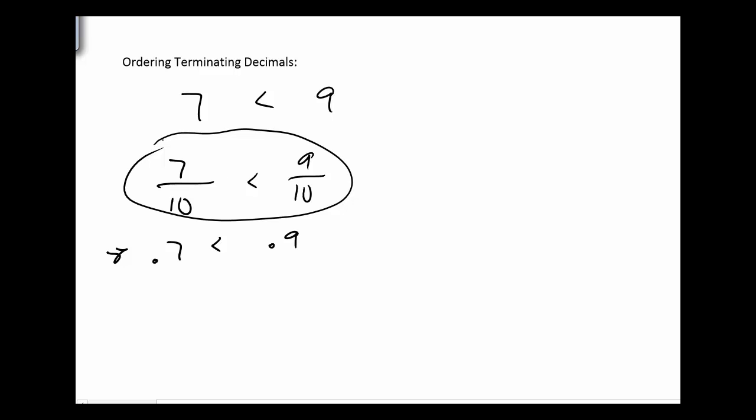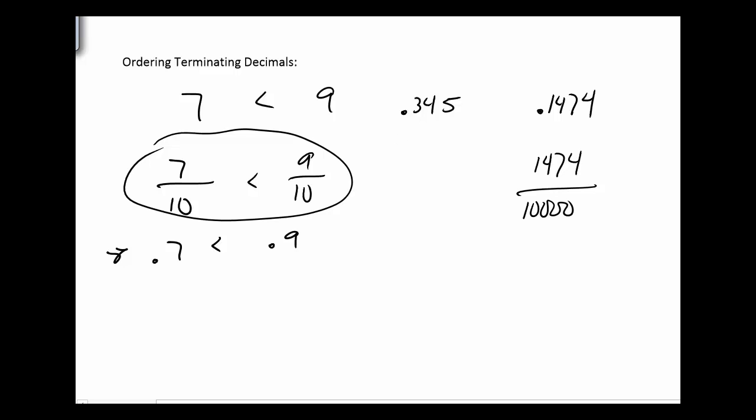Let's take something like 0.345 and 0.1474. Different place values, but I can rewrite them with the same common denominator. The one on the right side is 1474 over 10,000.